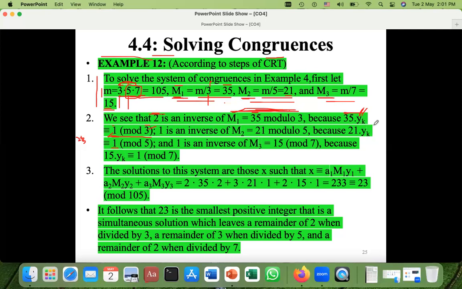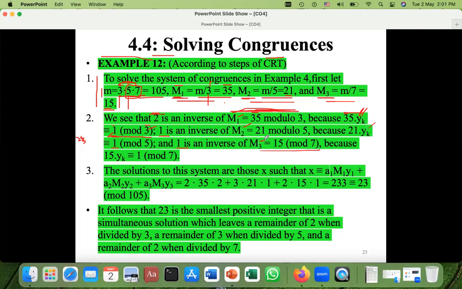So this equation holds for the value of 1 here, and that one is now the inverse for m2, and similarly 1 is the inverse for m3. So now in this step 2, you have found the inverses for m1, m2, and m3.